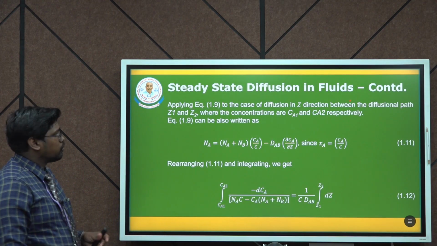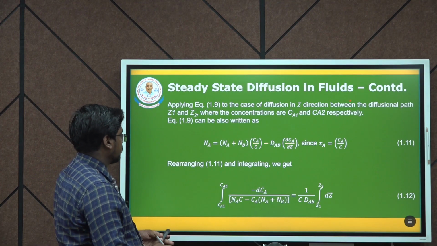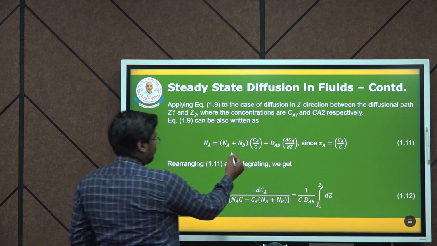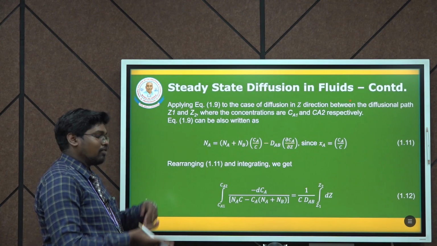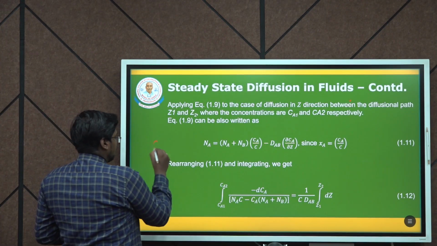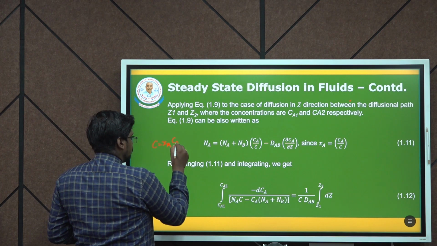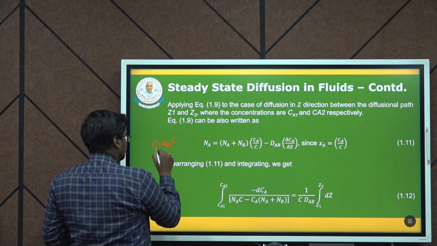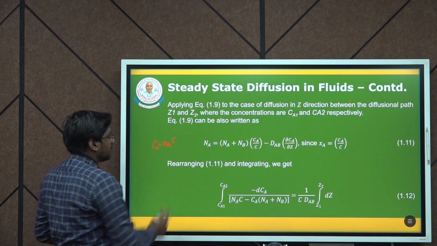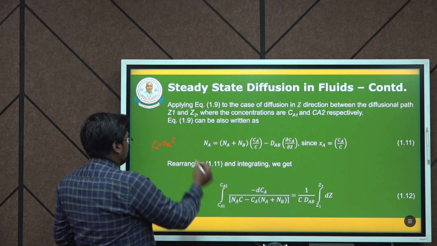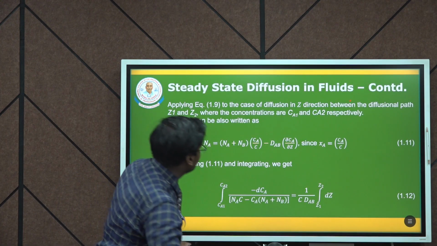So applying equation 1.9, Na is equal to Na plus Nb into Ca divided by C. Similarly, we have written earlier that Ca is equal to Xa into C. By solving for Xa, we can get Ca divided by C in this equation.